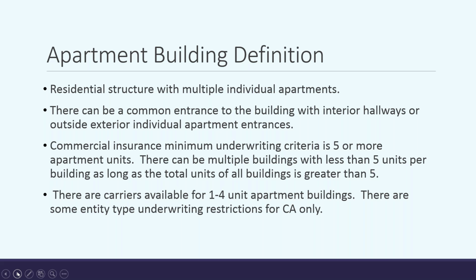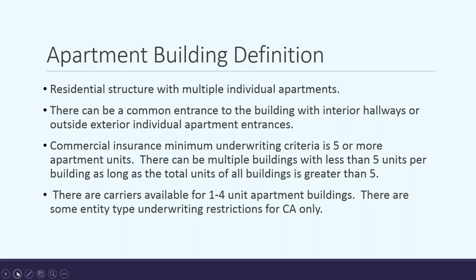Last but not least, what do you do with those 1 through 4? Well, there are carriers available to write 1 through 4 unit apartment buildings, but there are some restrictions in California on writing property, and it's all tied to the earthquake coverage.